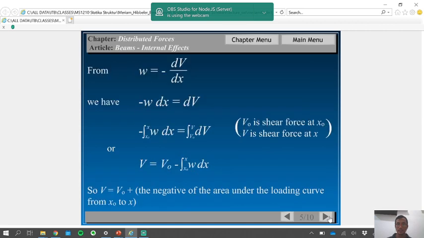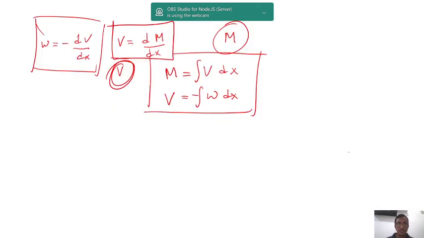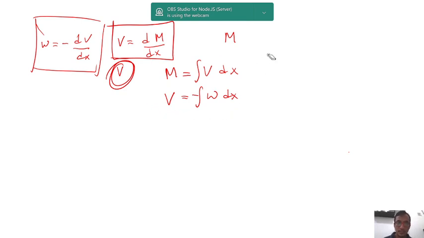The slides here will be more or less the same. When you do integration, what you will have is something like this. So V here will be V naught minus the integral of W dx.